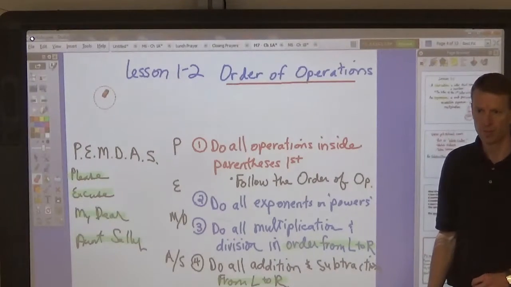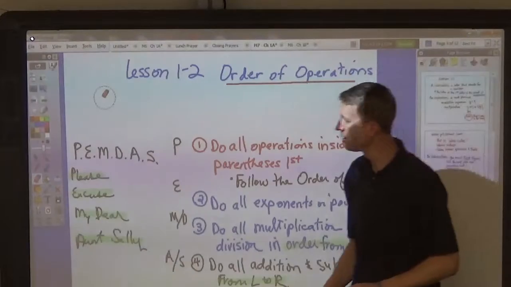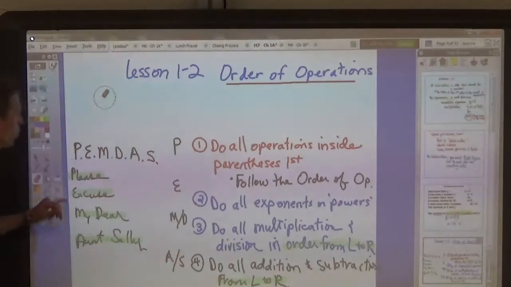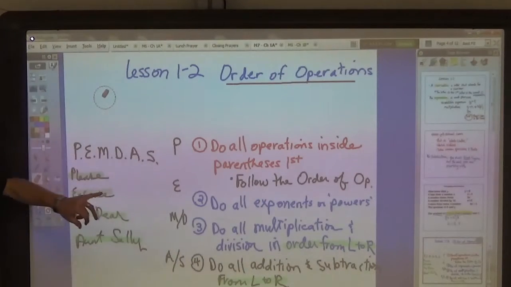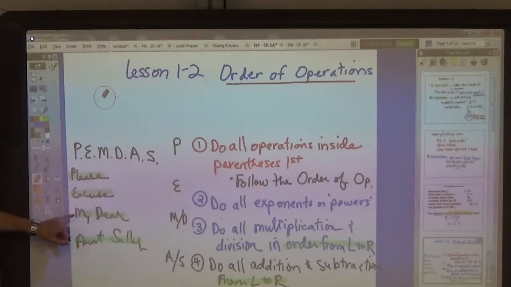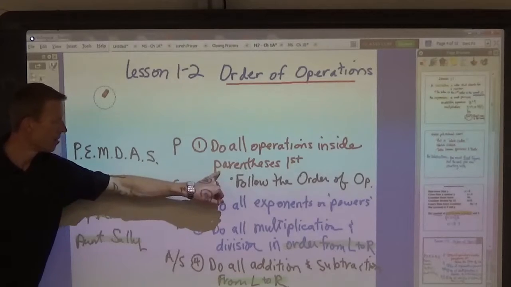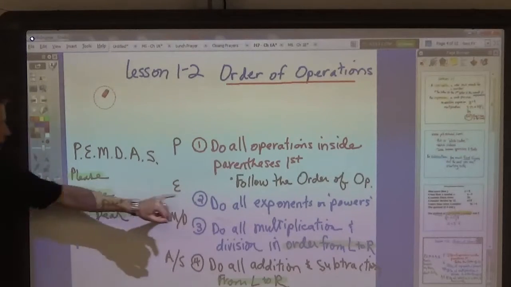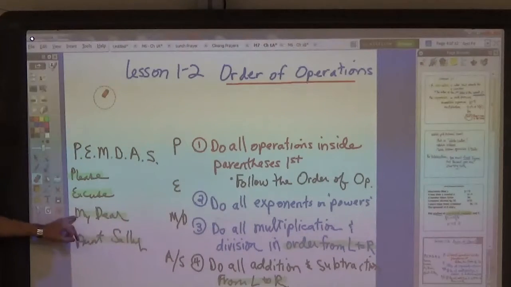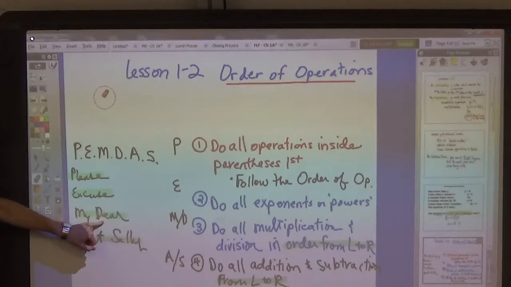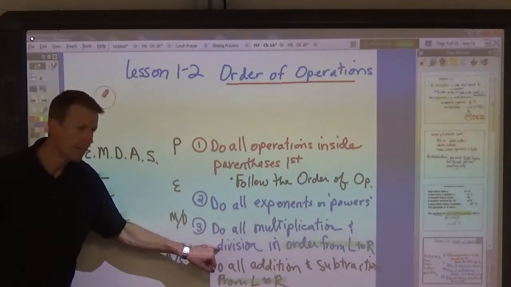Okay? So there's a couple of ways to remember this order. One of them is PEMDAS, or please excuse my dear Aunt Sally. Please, the P stands for parentheses. E stands for exponents. My dear, MD, stands for multiply, divide.